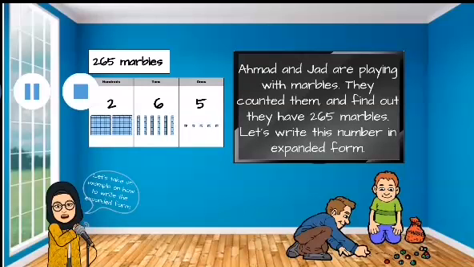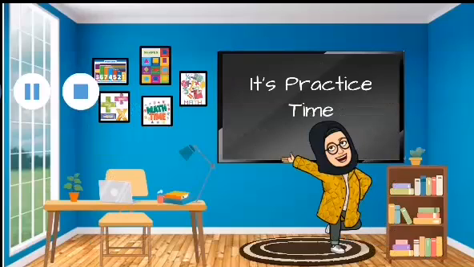So we have 100 and 200. 6 tens, what is the value of 6 tens? It's 60. Excellent. Now, what is the value of 5? That's right, it's 5. Now, to make it an expanded form, we should put pluses between the values. So 200 plus 60 plus 5 is the expanded form of 265.